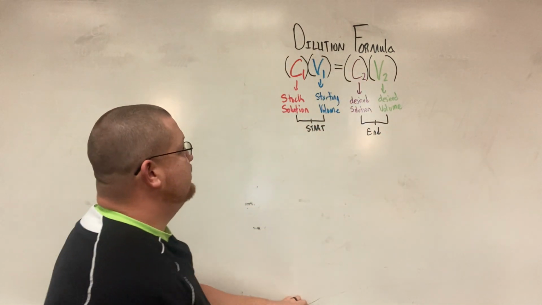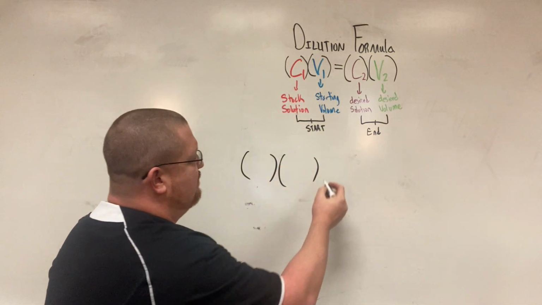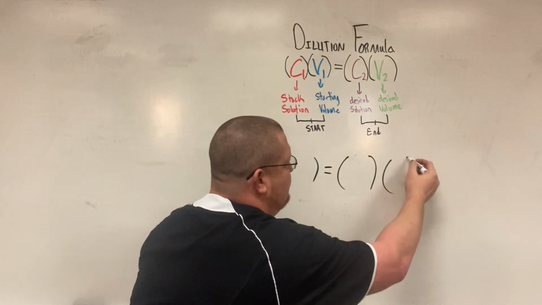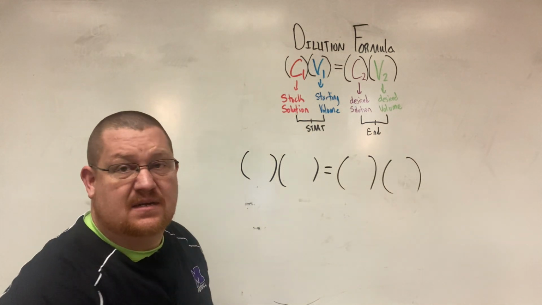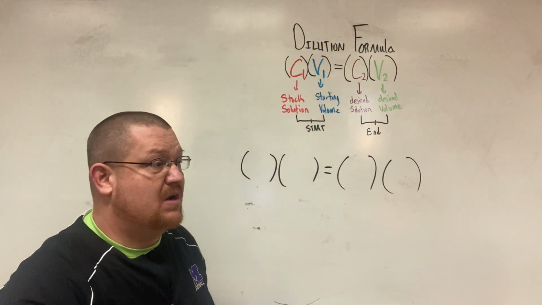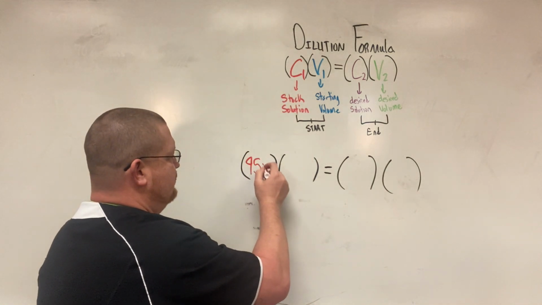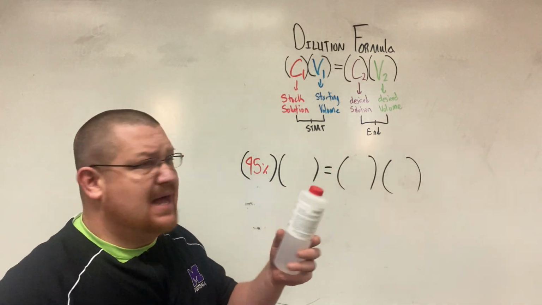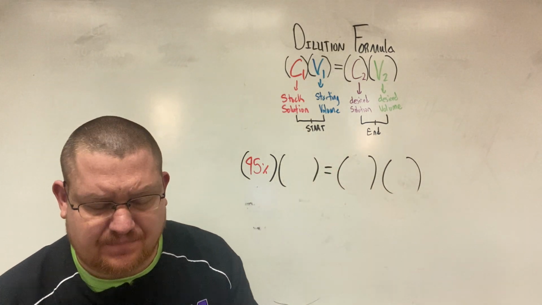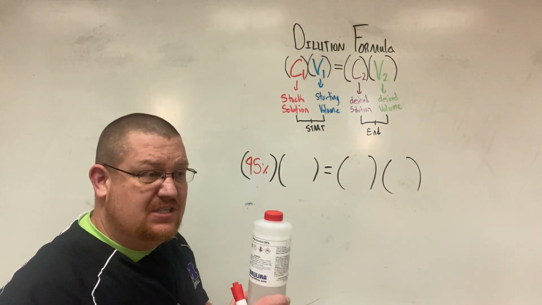For example, I am starting with 95% ethyl alcohol. This is my stock solution, and I have pretty much a limitless supply of this. Let's say I have a ton of it. So I need to figure out how much of this I need to use and dilute.